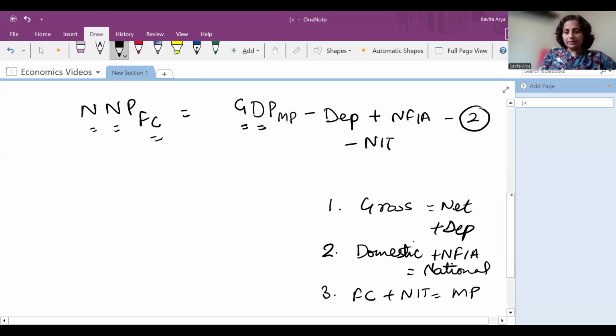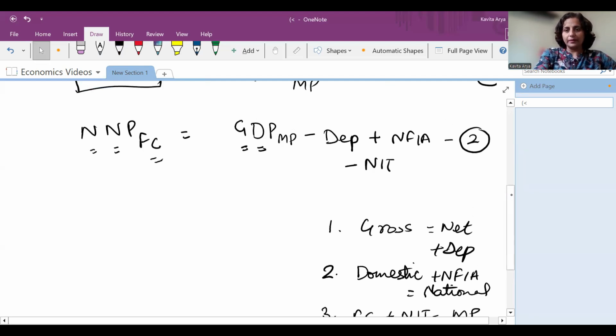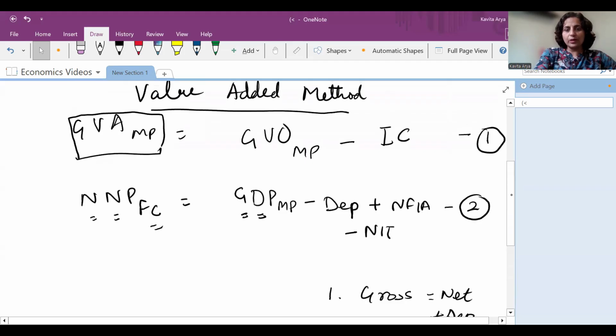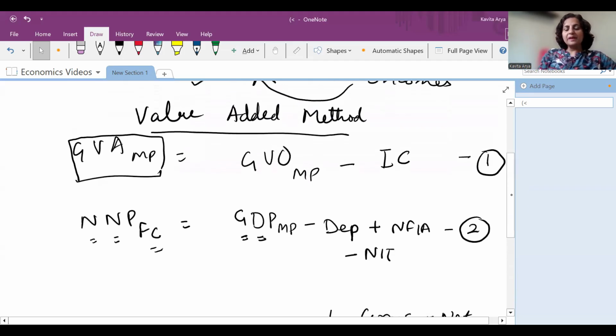Just try and understand. When I talk about the value added method, these two equations do the needful for me altogether. GDP at MP is equal to GVO at MP minus IC, and NNP at FC will be taken from GDP at MP by doing certain calculations of addition and subtraction of the other variables. And that's it.